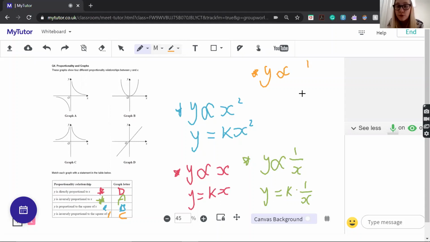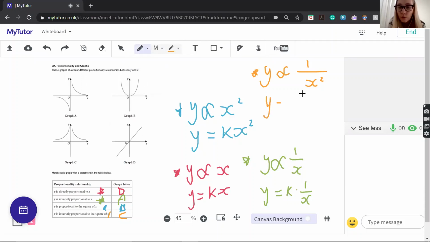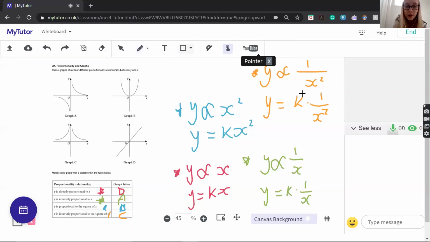That means it's proportional to 1 over x squared. Inversely proportional, so 1 over the square of x. Hopefully that makes sense how I got that. Which means that y equals k lots of 1 over x squared. And again, we can ignore the k because the k is just the scaling. So we want to know which one of these graphs looks like a 1 over x squared.